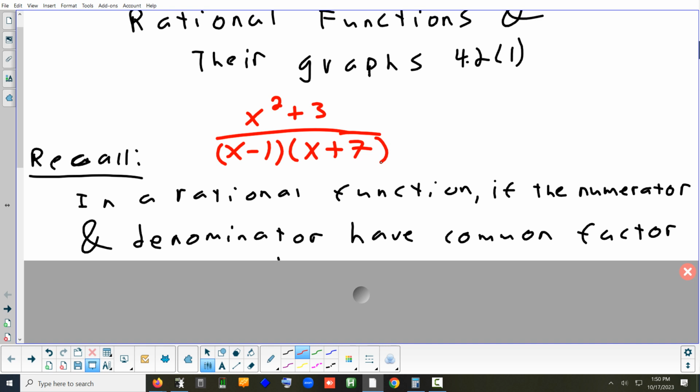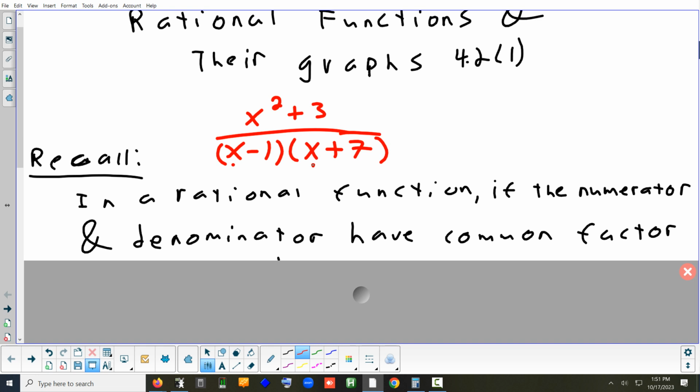And if the numerator and denominator don't have a common factor, what would happen at 1 and negative 7? You would get a what on your graph? We talked about this kind of dotted line yesterday. Yeah, you get a vertical, specifically a vertical asymptote. So 1 and negative 7 would give you vertical asymptotes in this graph.